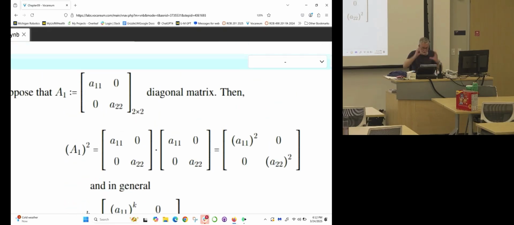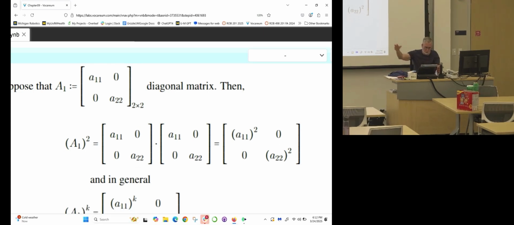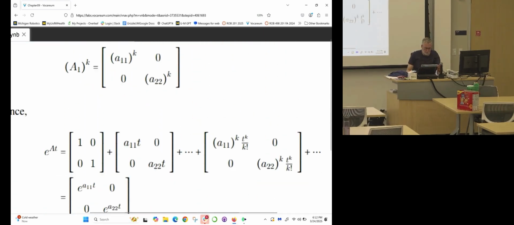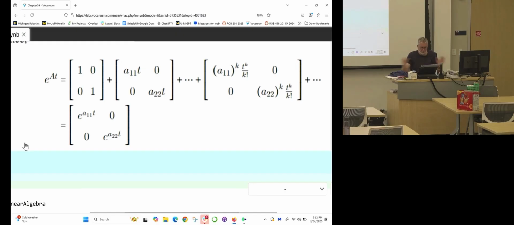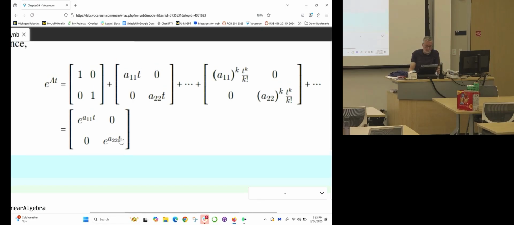You have to take the matrix, square it, cube it, fourth it, fifth it, sixth it, 27th it, times t to the 27 over 27 factorial. You have to add those all up. It's a power series. Computing these things by hand is not what you want to do. But computing it like this is not a problem.